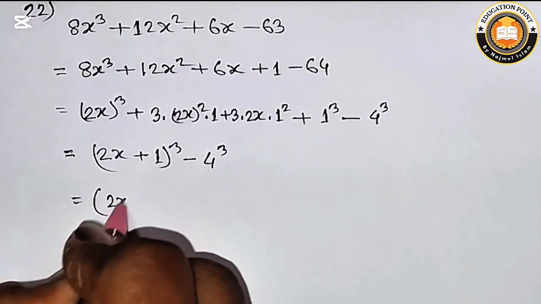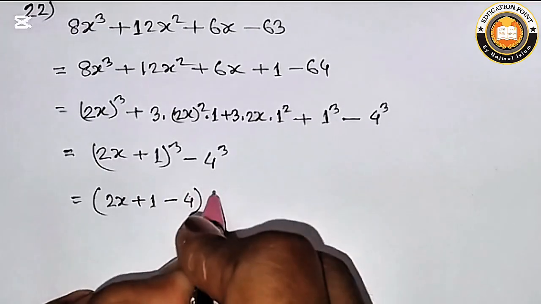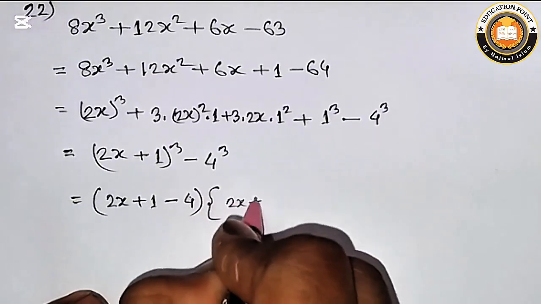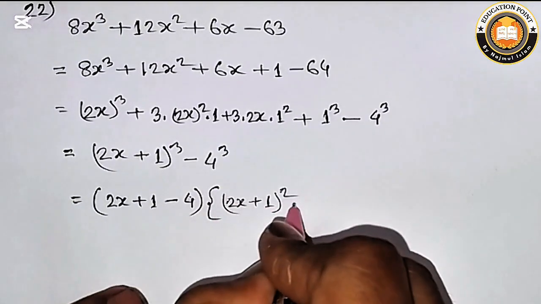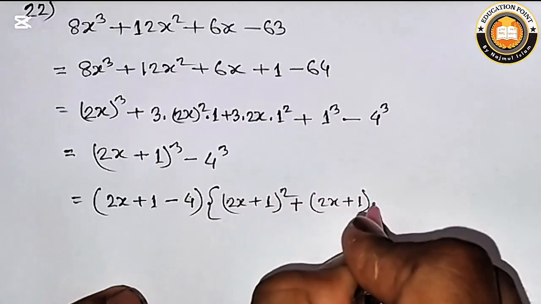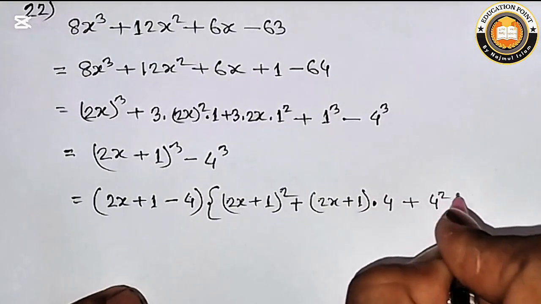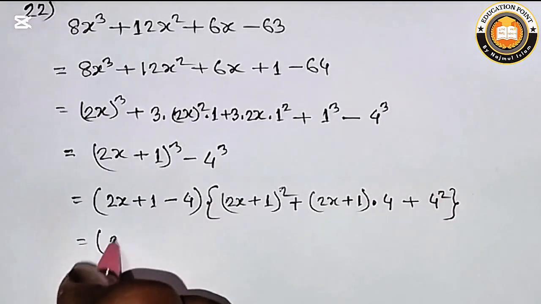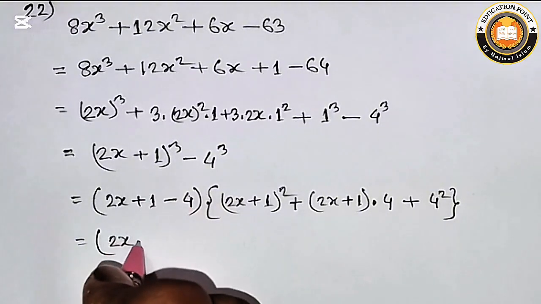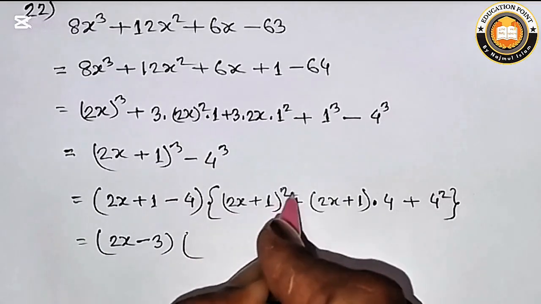Here a means 2x plus 1, minus b means 4, into a square means (2x plus 1) whole square, plus a means 2x plus 1 into b means 4, plus b square means 4 square. 2x subtracted value of minus 4 and plus 1 equal minus 3. Here we will apply the formula of (a plus b) whole square.